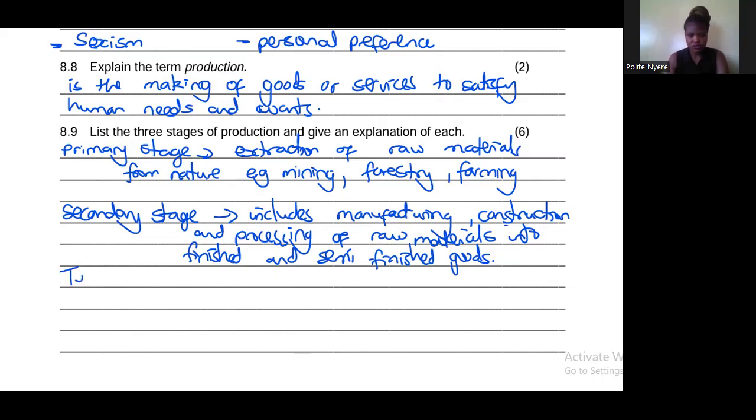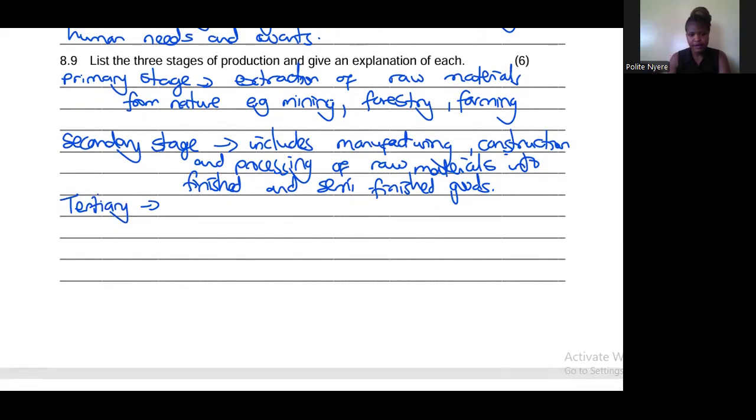Then the tertiary stage, we are talking about businesses that provide services.